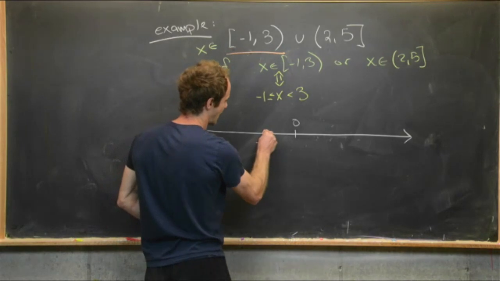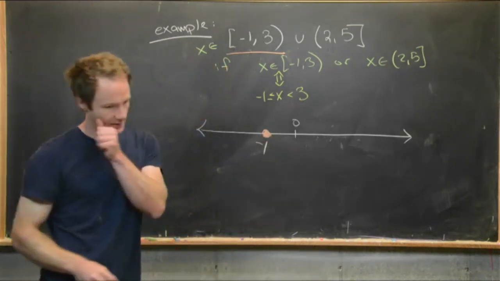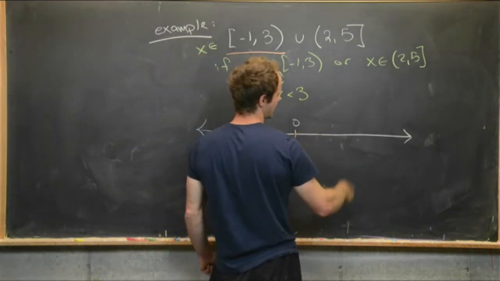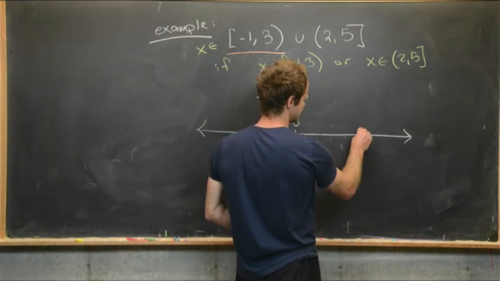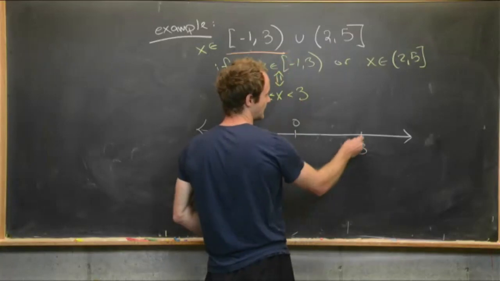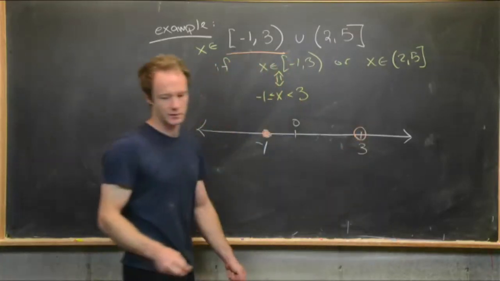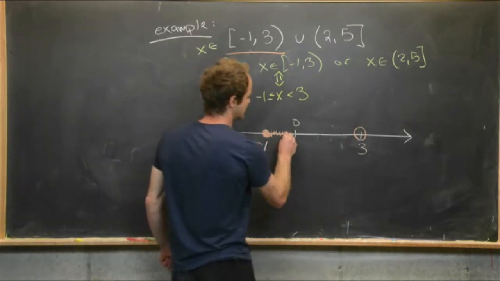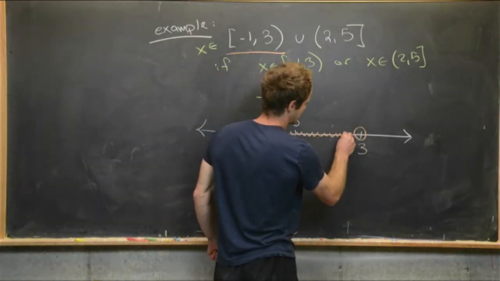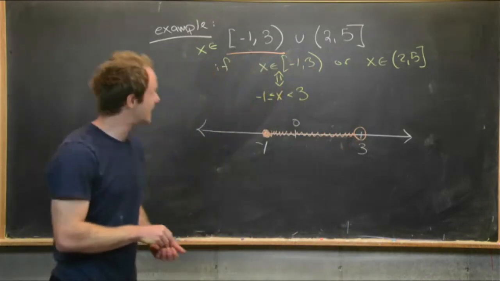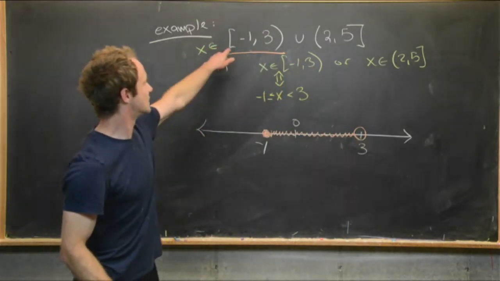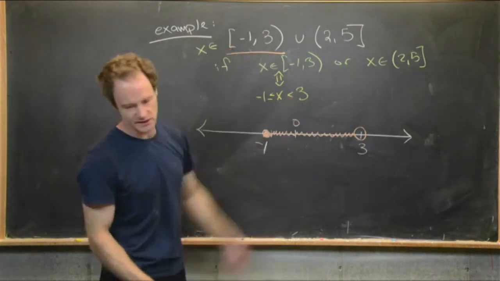As a graph, we include that by putting a closed circle. Then we go over here to 3, and the fact that that's a parenthesis means we do not include it. So we put an open circle and then shade between. So this right here is the interval closed -1 to open 3.